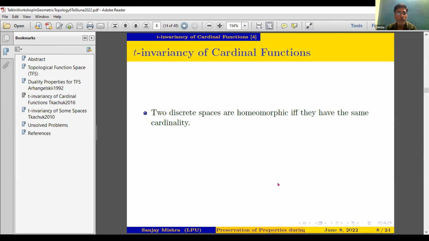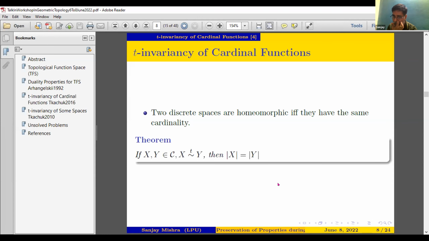If you change this condition, then it is not possible that their cardinalities are the same. So how can we replace the discrete space by a general one?